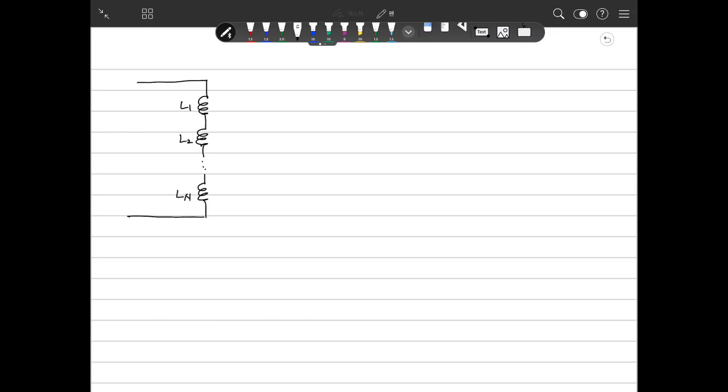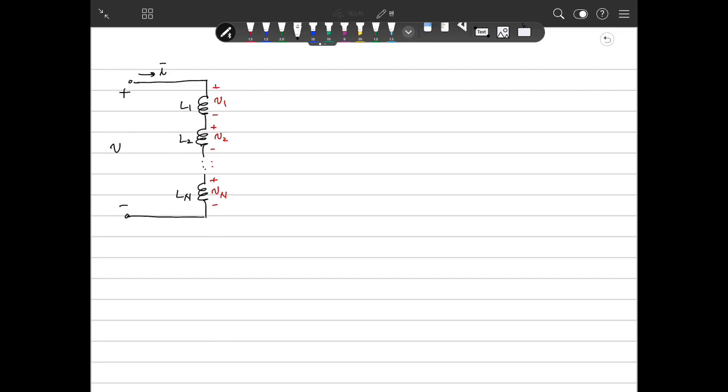I mean there are n inductors here. Then this is the voltage flow. The terminal voltage here is V, and this is the current I. Then one inductor's voltage we define: this is V1, this is V2, and this is Vn.